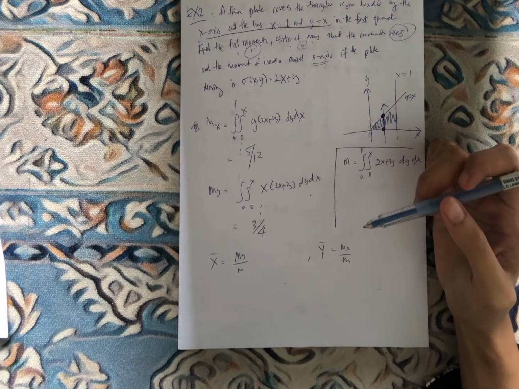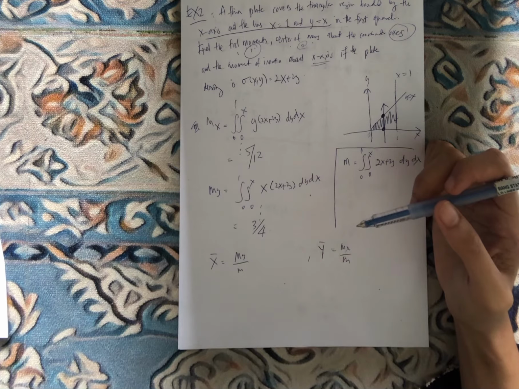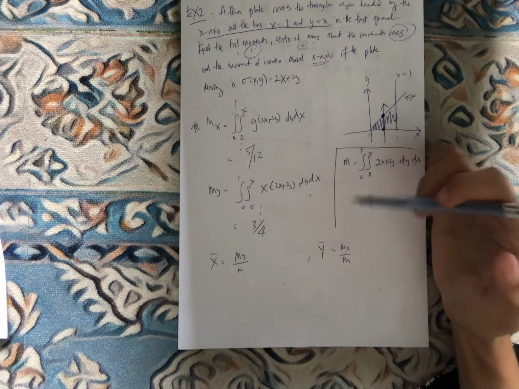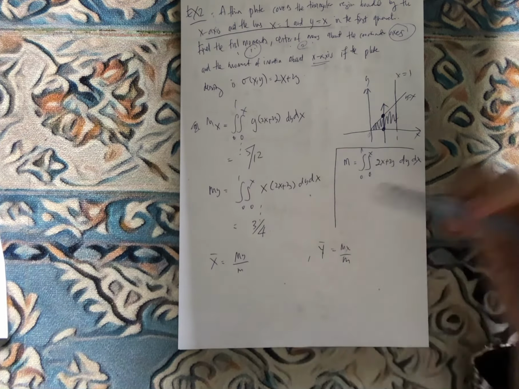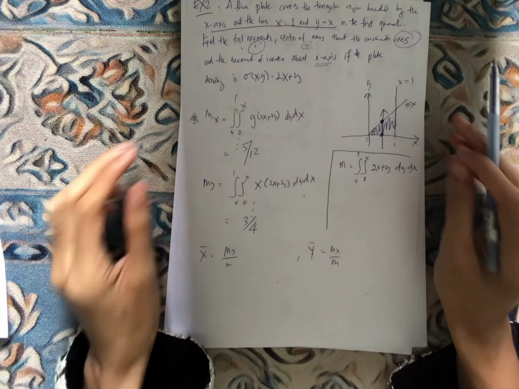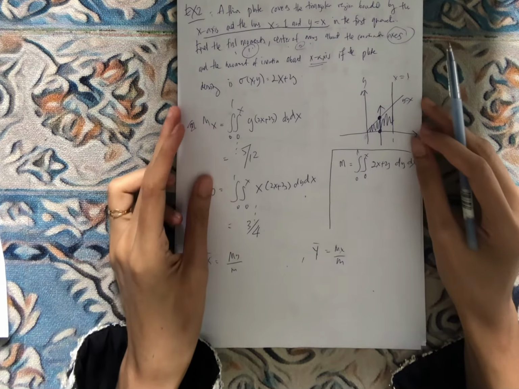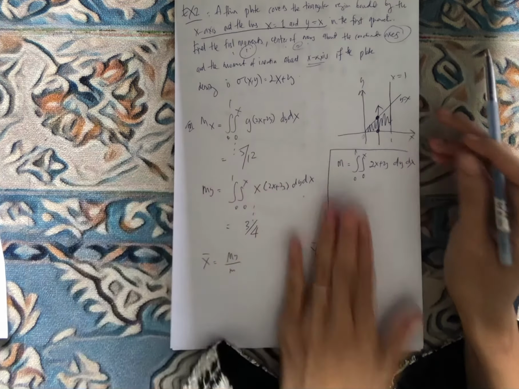Even though you need to do a lot of calculation, for the limits you just use the same ones. So please check your limits, because if you use the wrong limits, it will affect all of this. That's the important part here. Make sure you avoid careless mistakes, okay class?